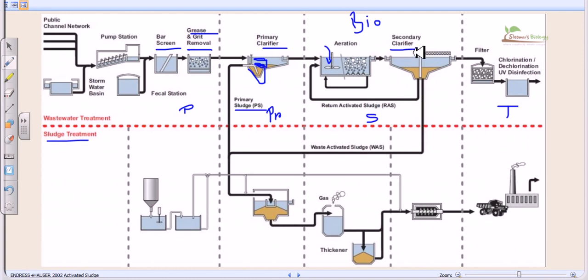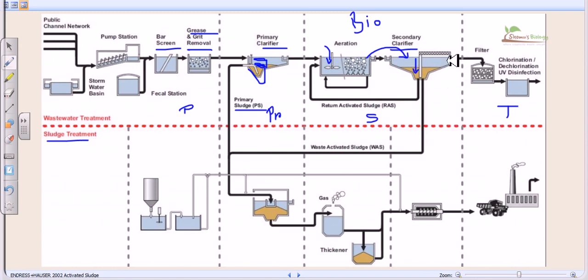In the secondary clarifier, we put this water from the aeration tank or the anaerobic treatment plant, and in this clarifier, as a result of bacterial enzymatic action, all those small nutrients start to coagulate with each other, and they are going to sediment and form a layer at the bottom of this secondary clarifier as the sludge, and this is called the secondary sludge. We can also drag this sludge for treatment with the help of the sludge treatment process.